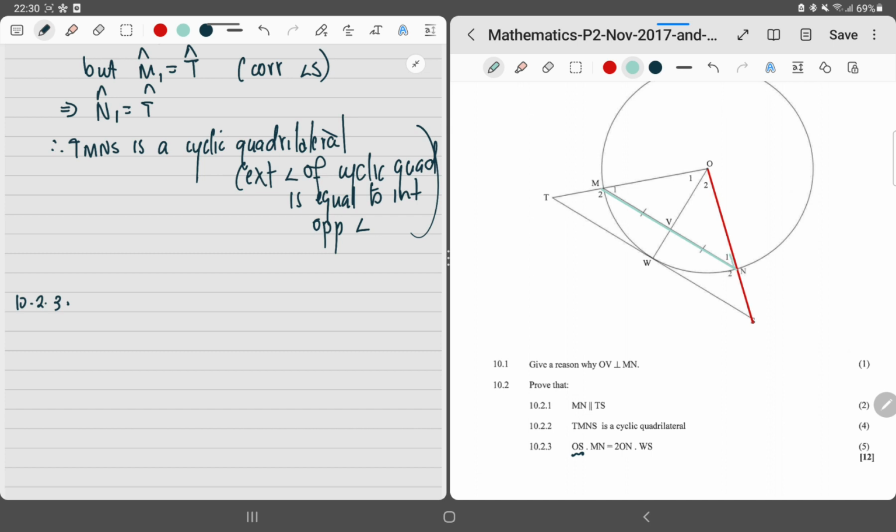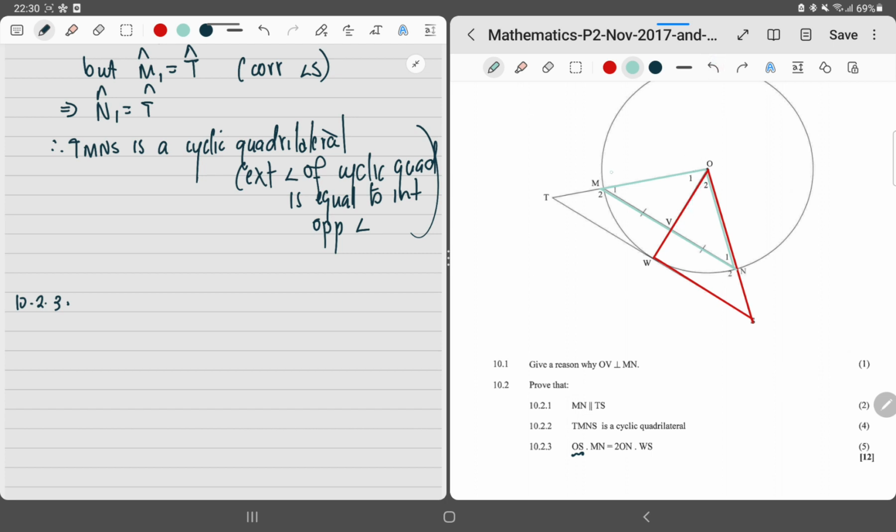ON is right here. And then I'm going to look for WS. WS. So it means that I will work in triangle OWS and maybe in that triangle or this one.